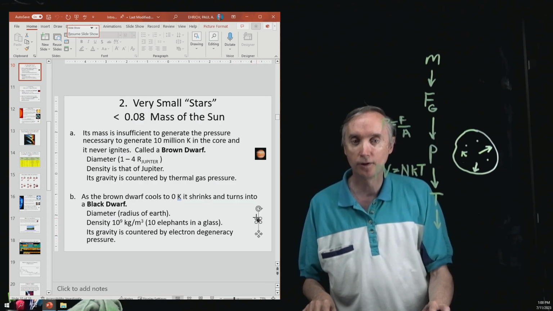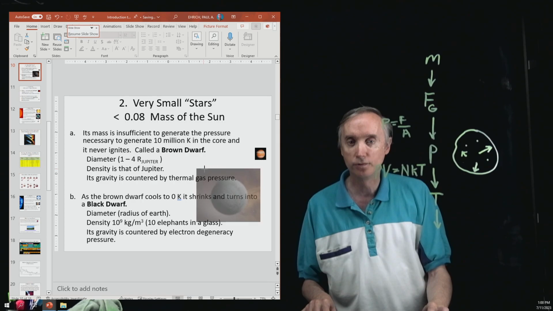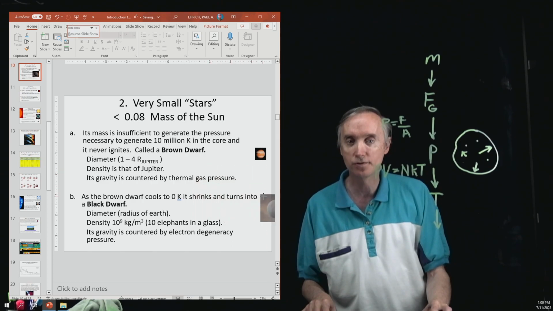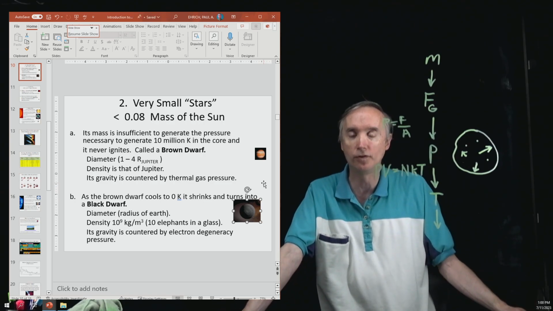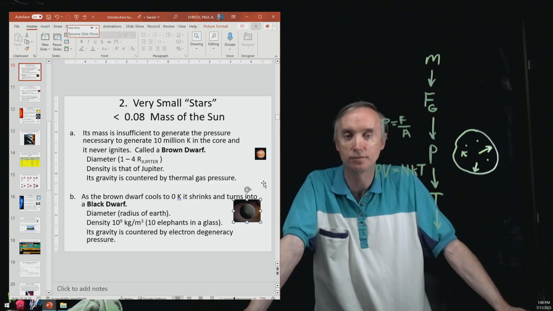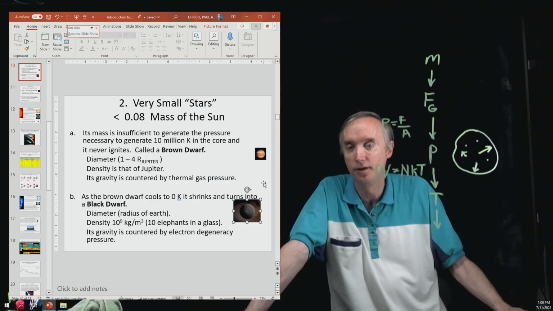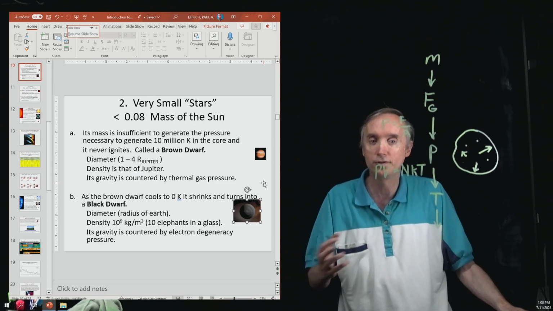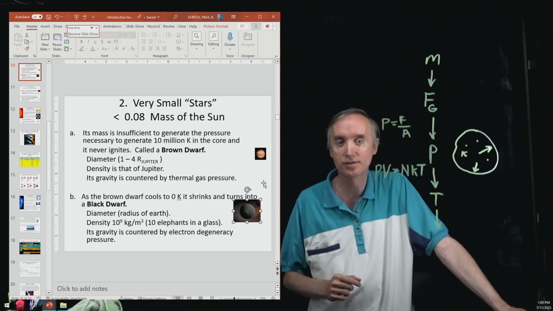So if I expand this thing here, you can see there's the original picture that I got from the internet. Well, we don't have any pictures of these black dwarf things because there's not one of them in the universe. There are no black dwarfs in the universe currently, because it's going to take trillions of years before one of these things forms. So we didn't have a picture of one, but that didn't stop me.